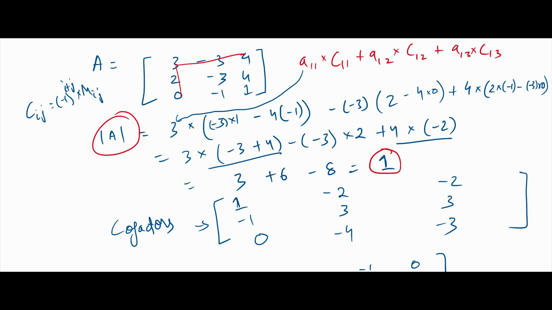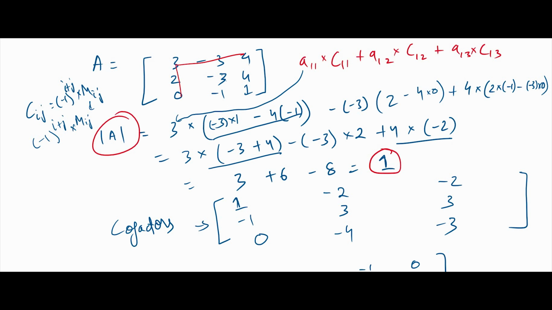When we hide the first row and the first column, I'll multiply minus 1 into, and then I'll multiply minus 3 into 1, and then I'll subtract it from 4 into minus 1, right? So that will be the minor, and then I'll multiply it with minus 1 to the power i plus j.